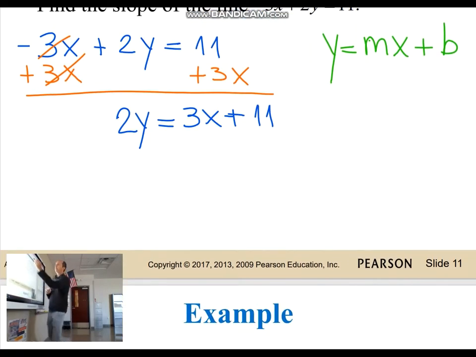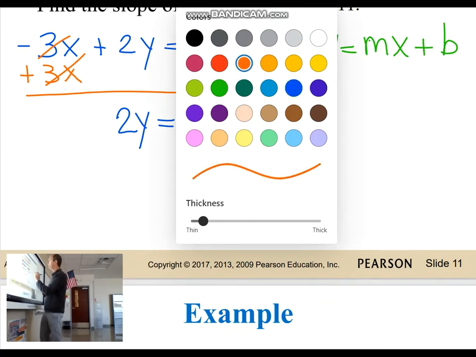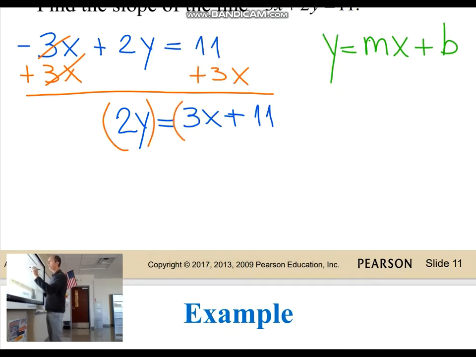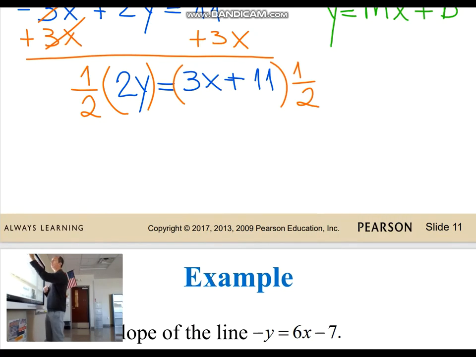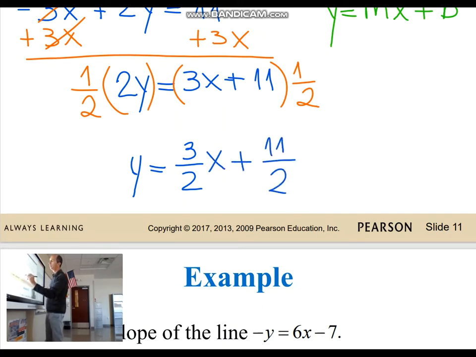The next step, let's multiply both sides of this equation, applying the multiplication property of equality, by 1 over 2. Right? So the result is going to be y equals 3 over 2 x plus 11 over 2.